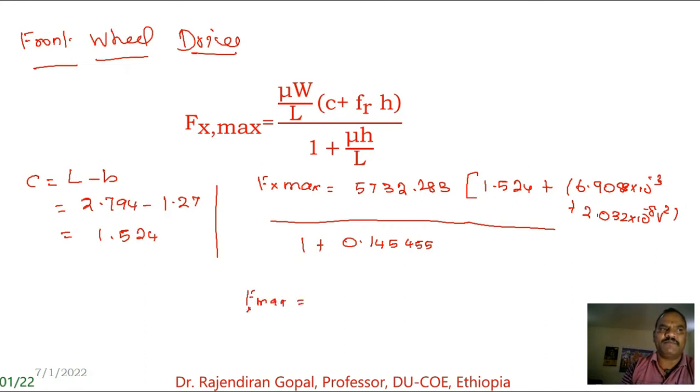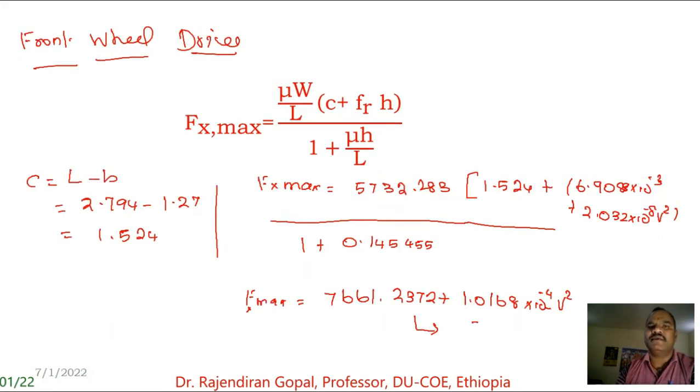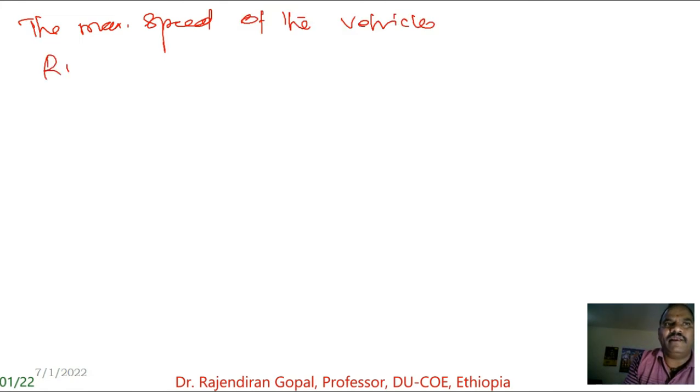Simplifying, we get Fx max = 7661.2372 + 1.0168 × 10^-4 V². This is equation 7.